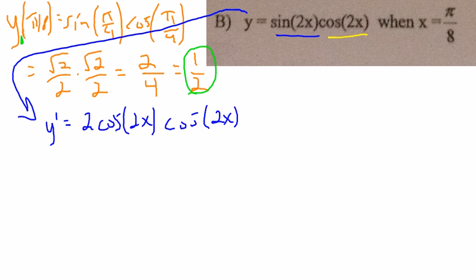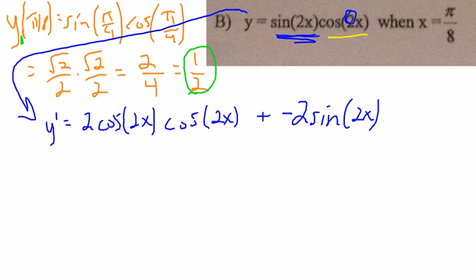Then the second part of this derivative is derivative of the second, the cosine, times the first. So that gives me plus. The derivative of cosine is negative sine of 2x. Now I need to take care of that 2 inside: when I derive it, I use the chain rule and get a 2 out front.